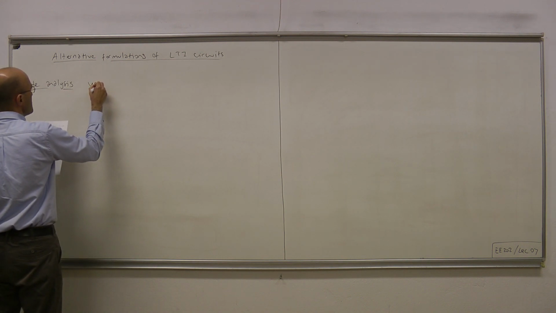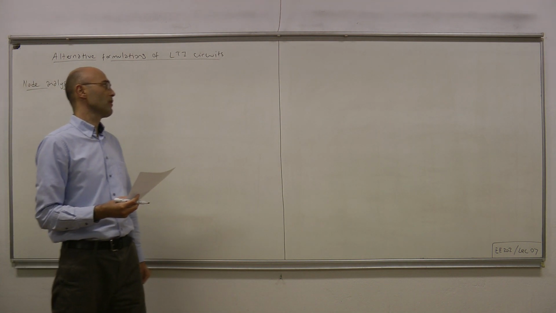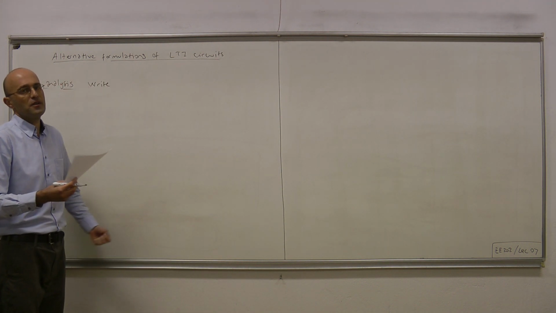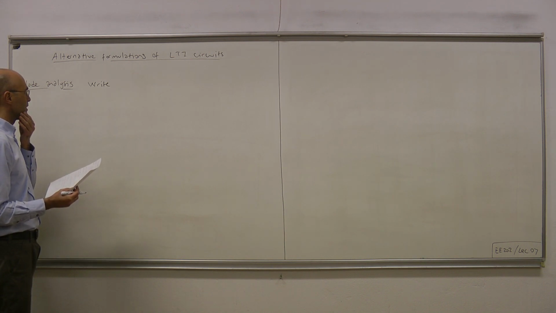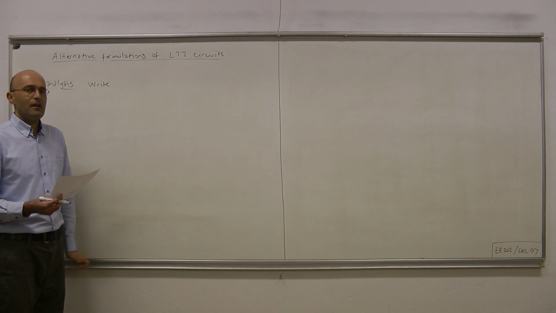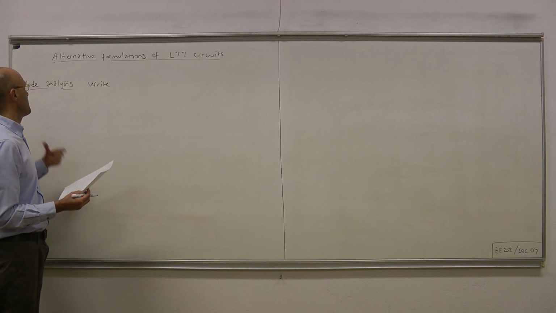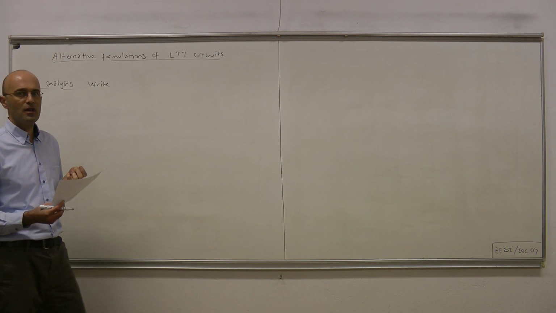The idea is the same as was the case for LTI resistive circuits, or resistive circuits in general. What we do is we write node equations, that is KCL at each node, and we want to express the circuit in terms of the node voltages.